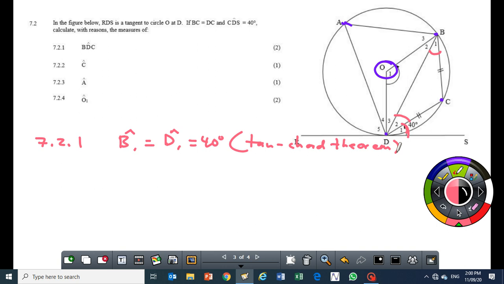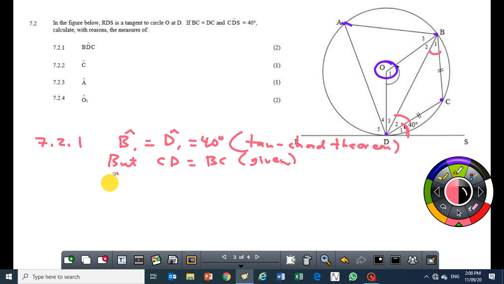Then, how is B1 connected to D2? Because our D2 is the BDC. It will be angles opposite equal sides. So I can write here, but CD is equal to BC. This is given.